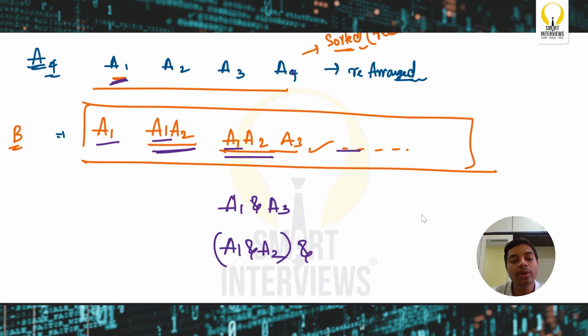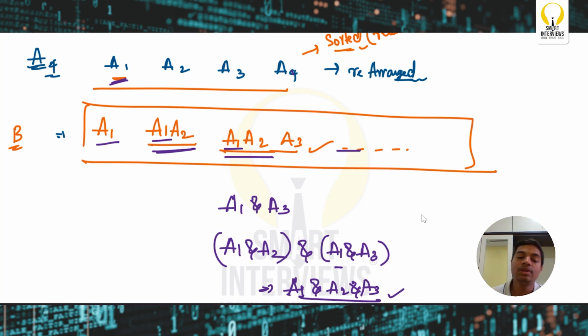This overall you add with A1 and with A3, and you get the same, because A1 and with A1 will be the same. So you get A1 and with A2 and with A3. This is what we required, which we got at this particular point. So at each and every particular point, what if you can simply perform the AND operation? Yes, that will obviously help us.